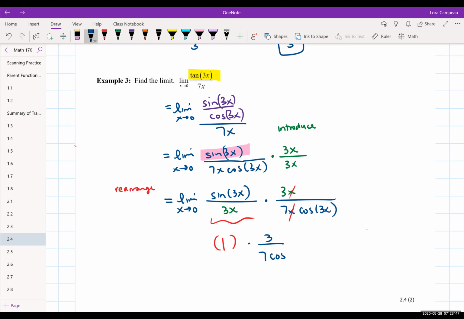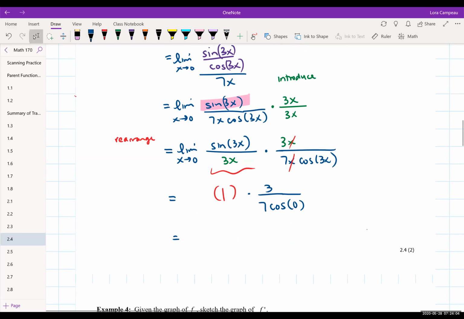You're kind of wondering, well, I thought we have an issue if we plug in x is 0 in the denominator, but we have to remember the property of cosine. When we're dealing with cosine, the cosine of 0 is actually 1. So we end up having 3 over 7 times 1, which is 3/7.